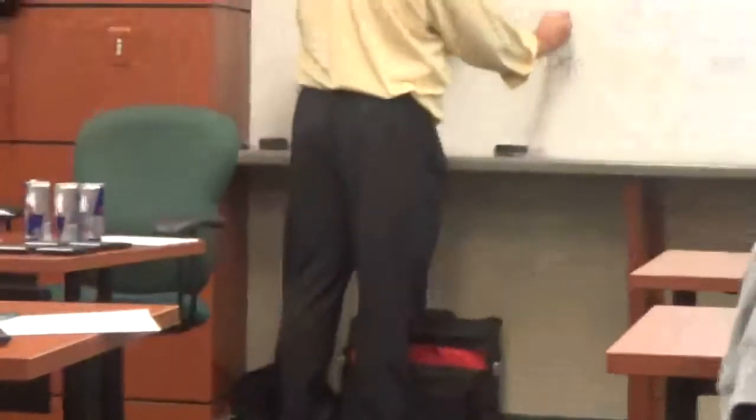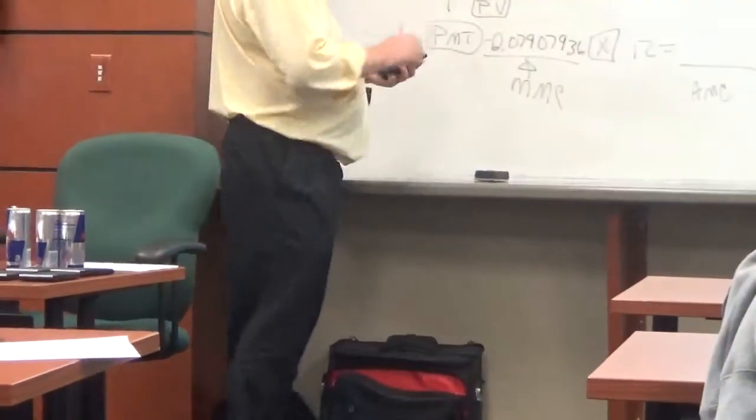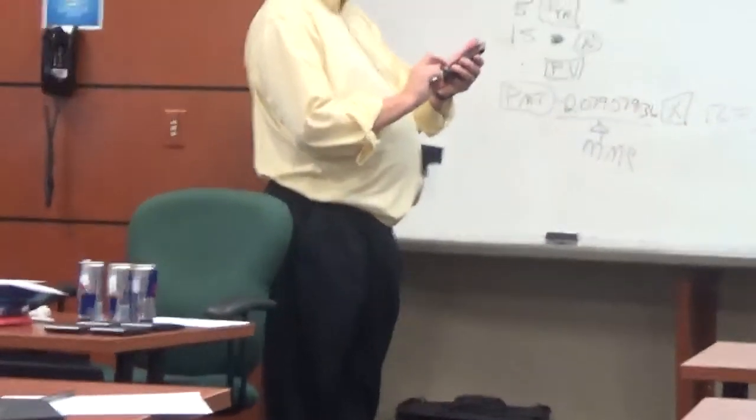All right, so let's just do this first piece. The monthly mortgage constant is going to be negative 0.079079336 and some change. We're just going to multiply that by 12.